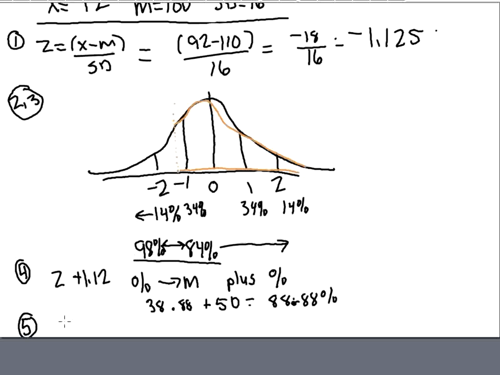Our score was 88.8%, and that is between our checkpoints of 98% and 84%. So we can rest assured that we got the right answer.